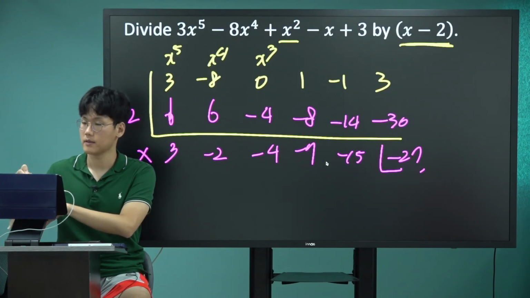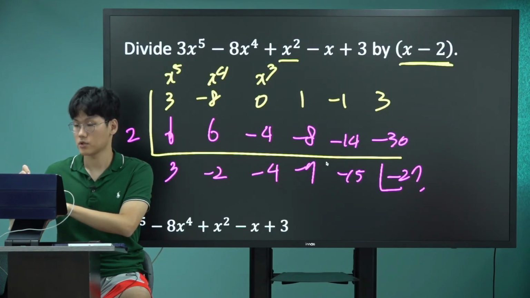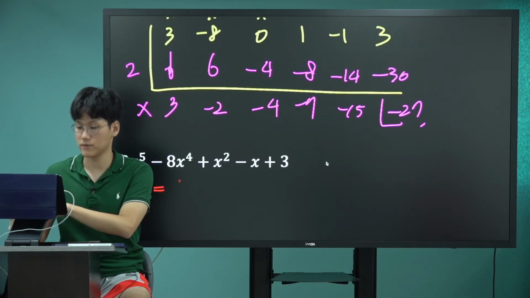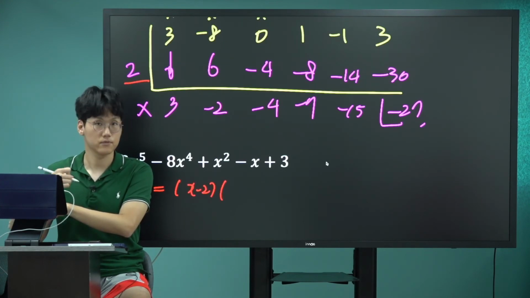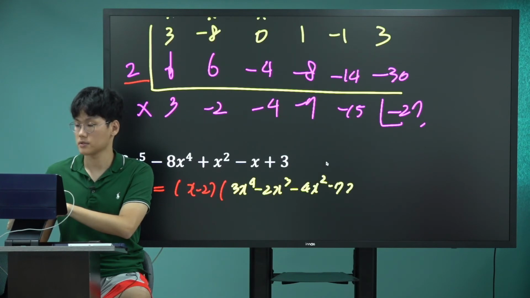It will be that the polynomial is the divisor times the quotient, where the divisor is x minus 2. And then since I divided the degree 5, it will give 3x^4 plus a cubic, squared, x, constant, minus 27.